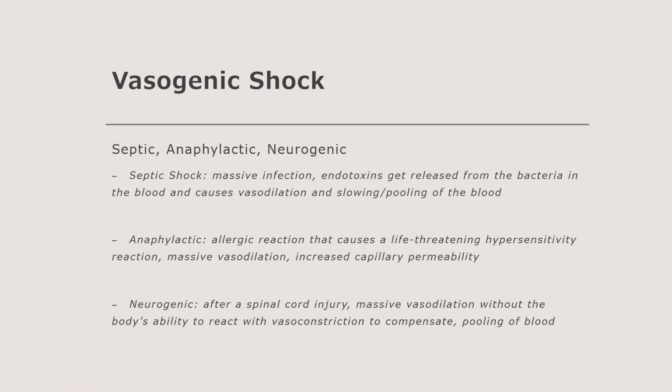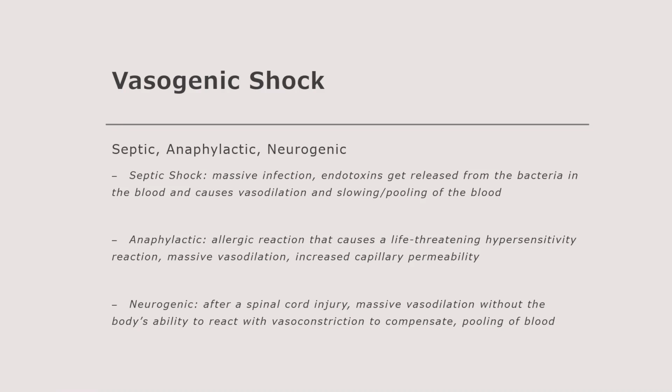And so that begins, again, that pooling of the blood, decreased circulation, decreased perfusion. A lot of times in neurogenic shock, whatever level of the spinal cord, that's where you kind of see the differentiation between the shock and proper circulation.